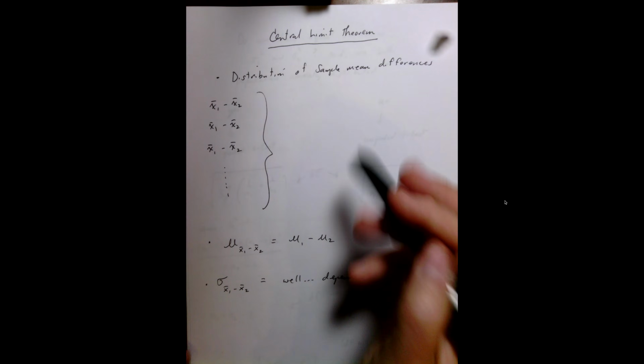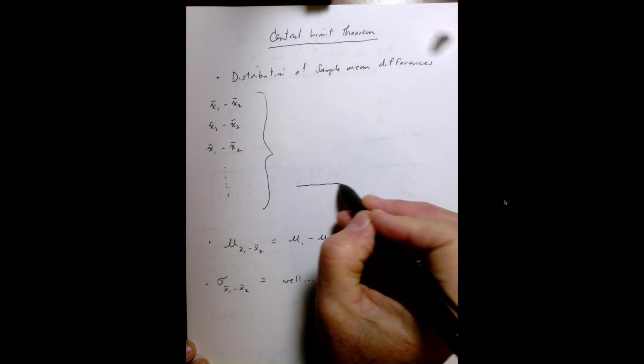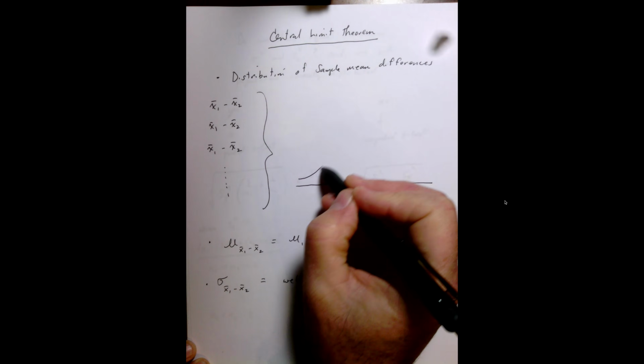In the spirit of the previous videos, we end up with a whole lot of differences of sample means, and we call this the distribution of sample mean differences, or the distribution of the difference in sample means. It turns out this distribution will be normally distributed.